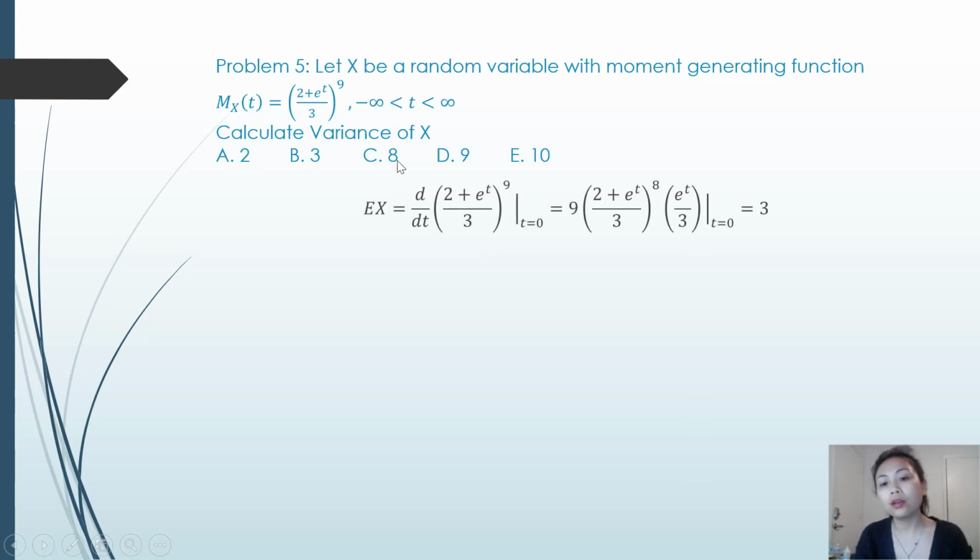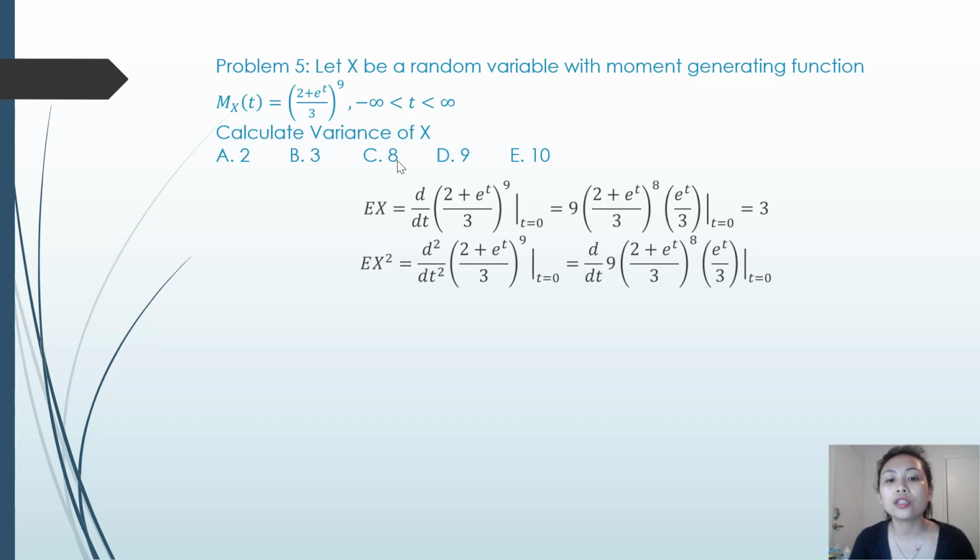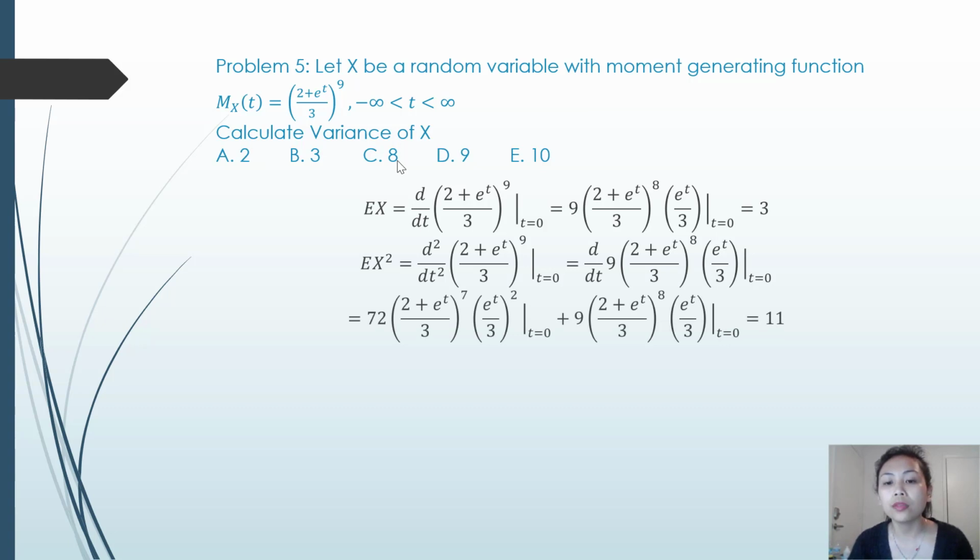So we calculate the first derivative, d over dt of M(t), and substitute 0. We have E[X] is 3, and E[X squared] is the second derivative at 0, which is equal to 11. This is knowledge from calculus.